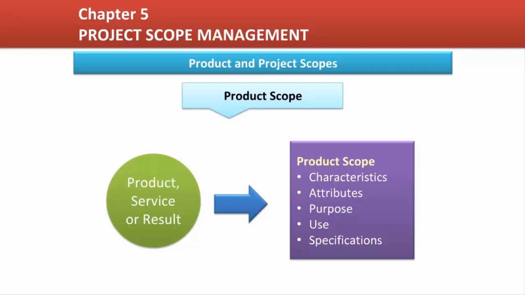It also covers the impact the product, service, or result will have on the organization, customer, stakeholders, and business processes, and describes any constraints, restrictions, standards, regulations, and other requirements related to the product.